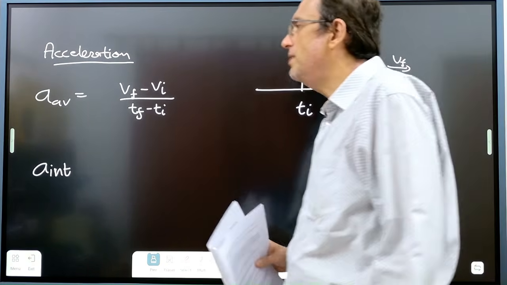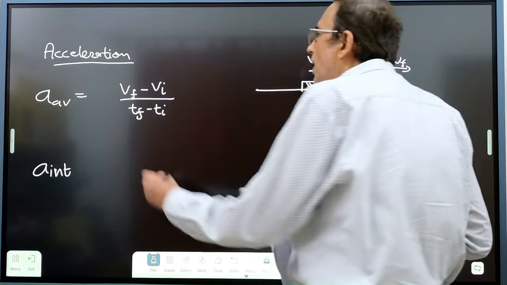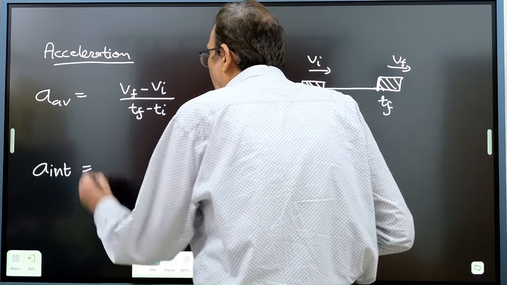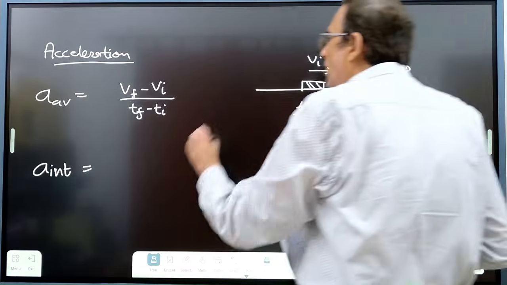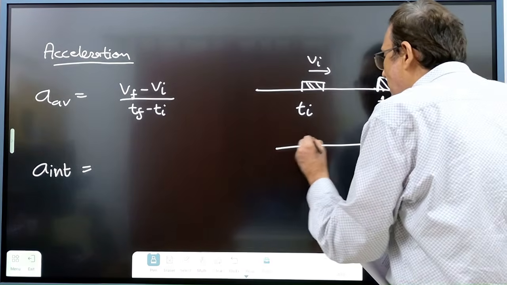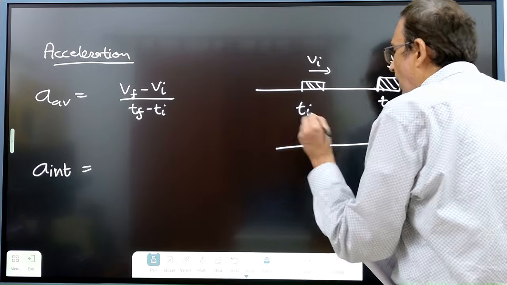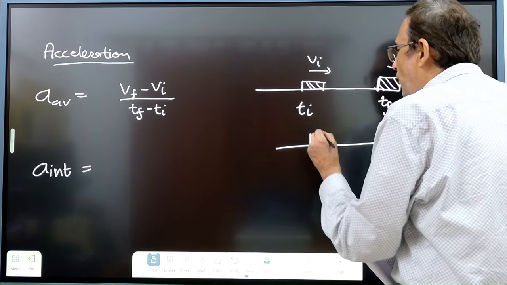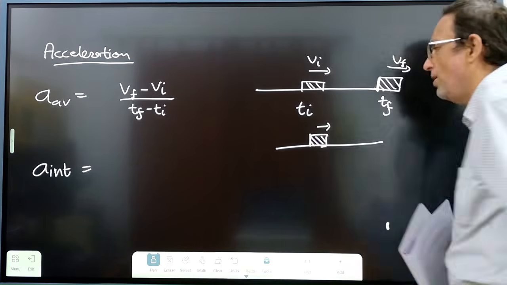Now let us talk about instantaneous acceleration. Let us say the velocity is changing. The object is here and it is moving and its velocity is changing.